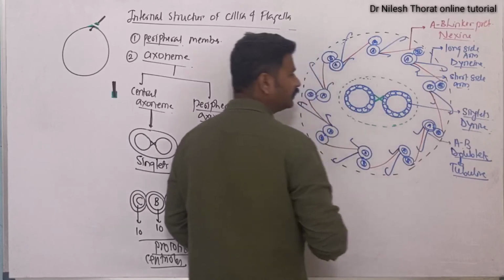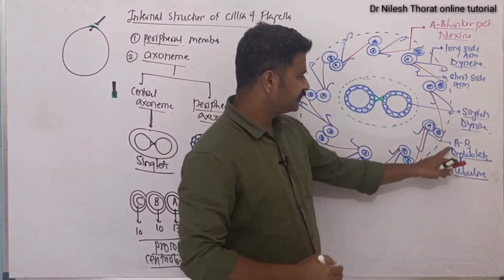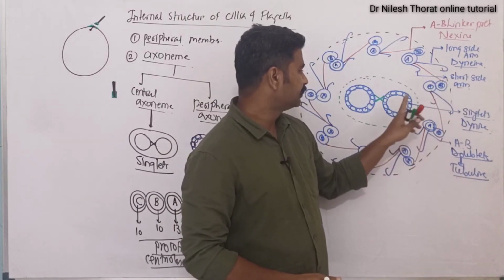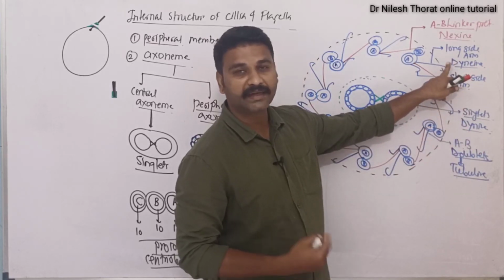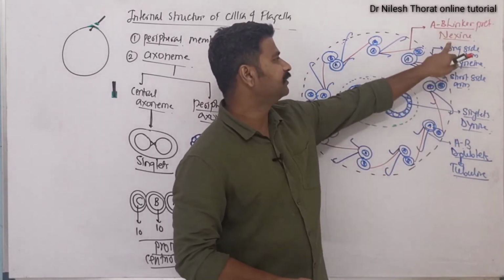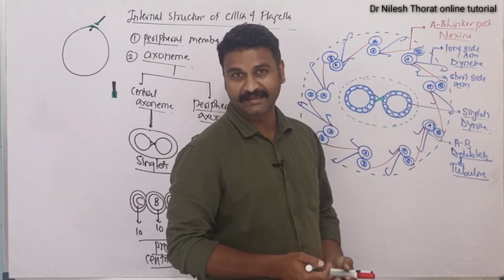Clear? So AB doublets are made up of tubulin proteins, singlets are made up of dynein protein, the long arm is made up of dynein protein, and the AB linker is made up of Nexin type of protein.